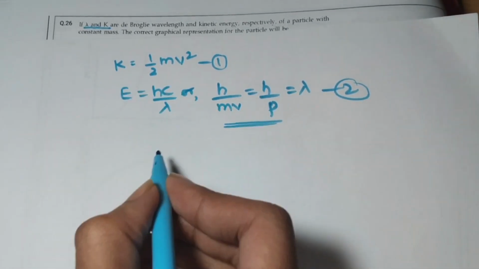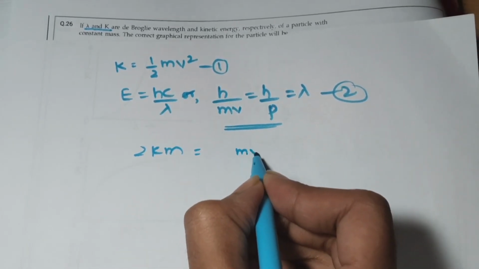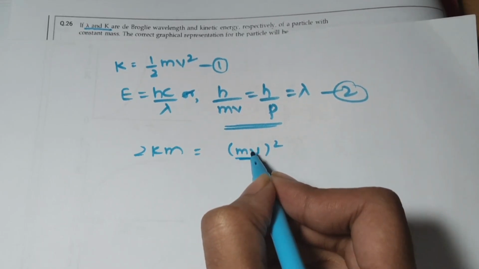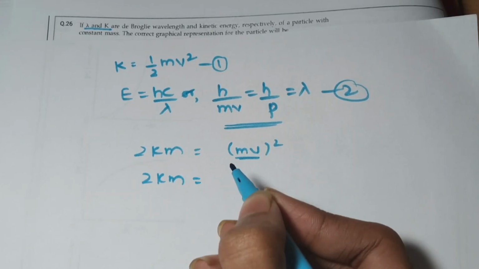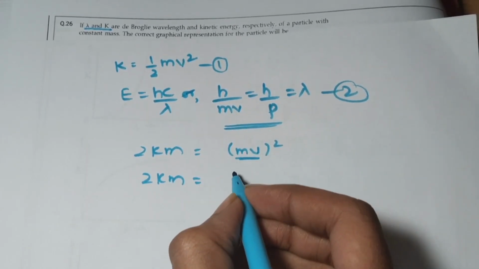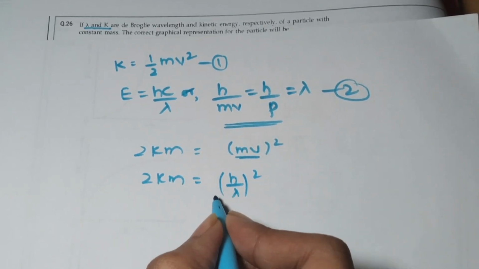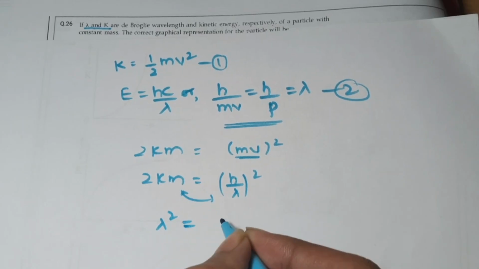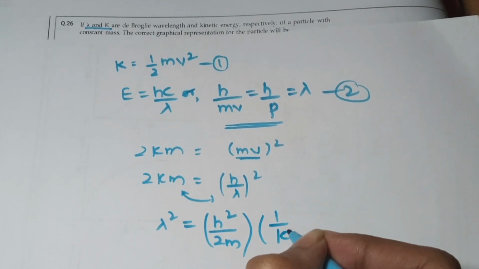So what I am doing here is 2k into m equal to mv whole square, right? So I am substituting mv from here. So we will get 2km equal to mv means h by lambda whole square. So I am interchanging these two. So lambda square equal to h square by 2m into 1 by k.